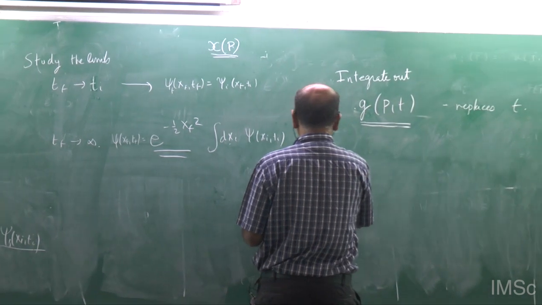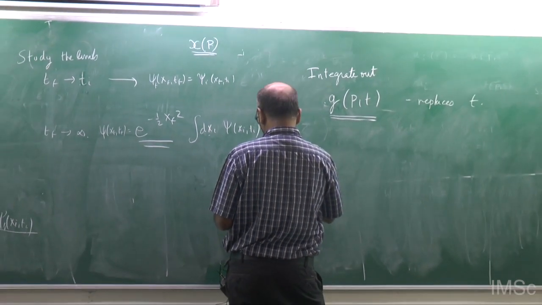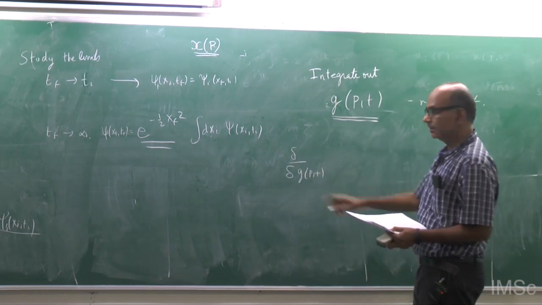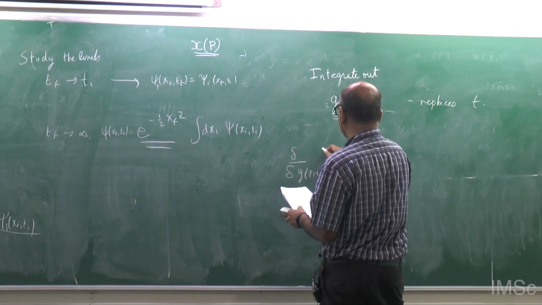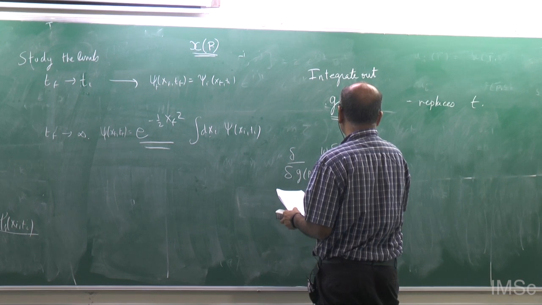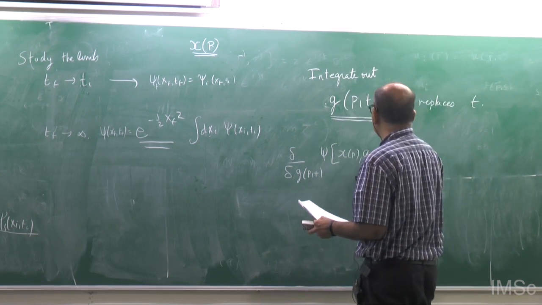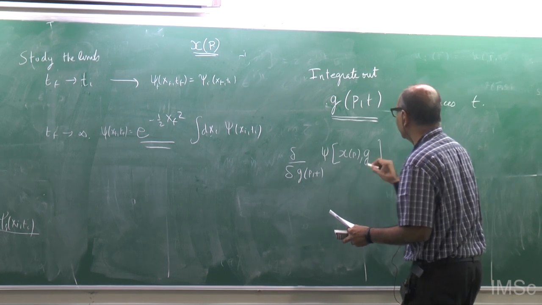So he wrote down the following equation. Now it's a functional because it's a function of p. So this function is now a functional of x of p, and you can put the g inside here if you want.